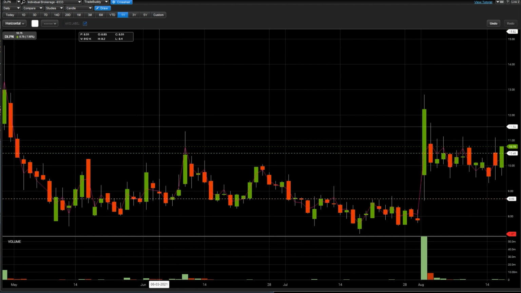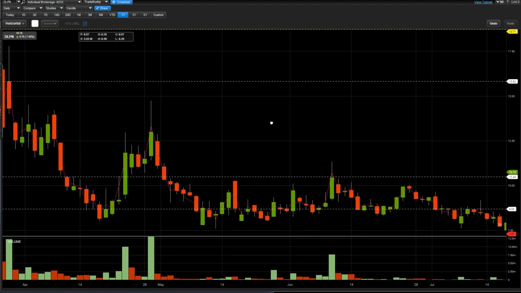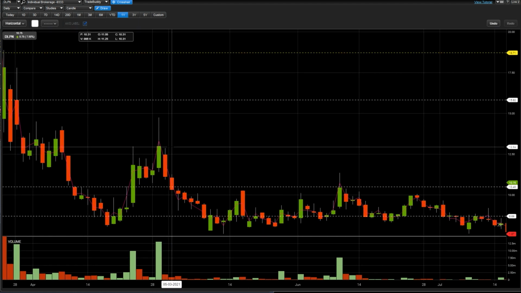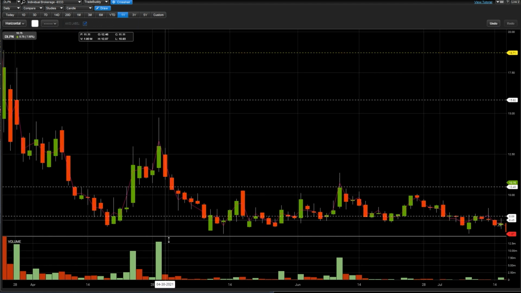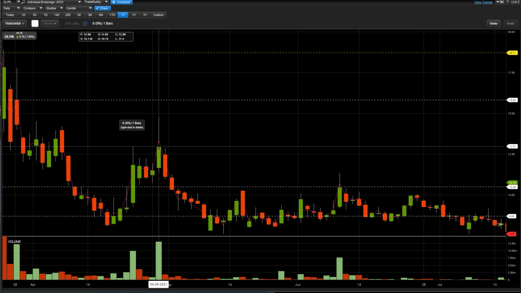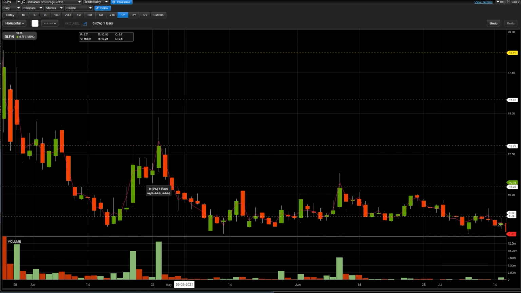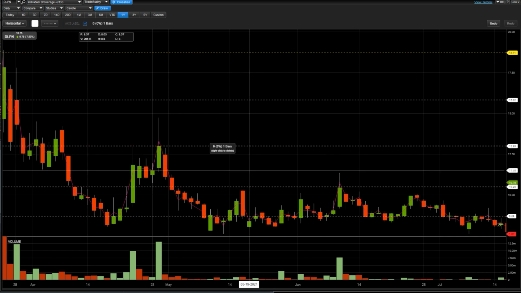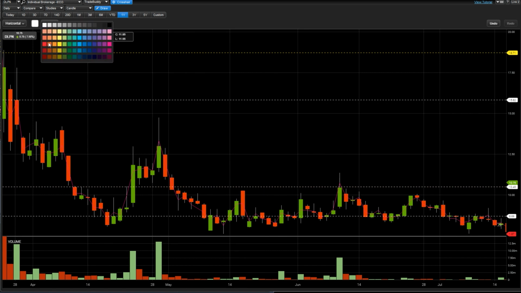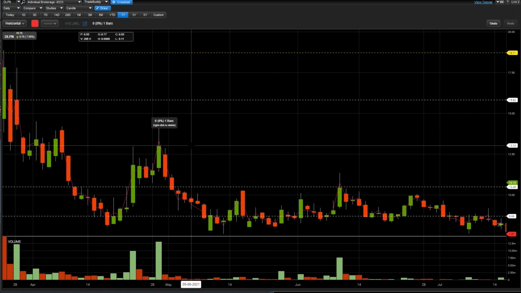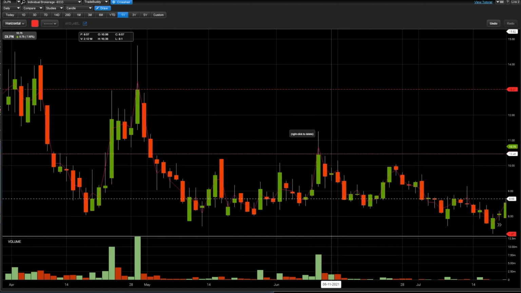That could be potential resistance. Looking back more, we can see that there was resistance here. This candle with massive volume, the top of the candle topped out at $13. Now, just from those 2 points, and let me just change these to red to signify they are from the daily chart. Once again, we got these 2 points from historical price action.